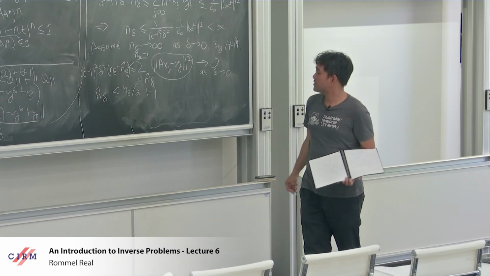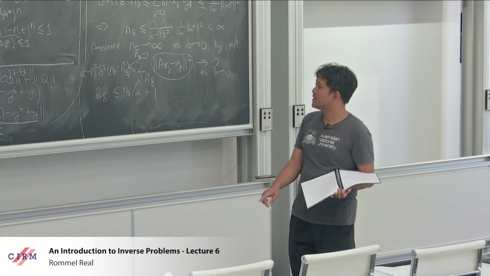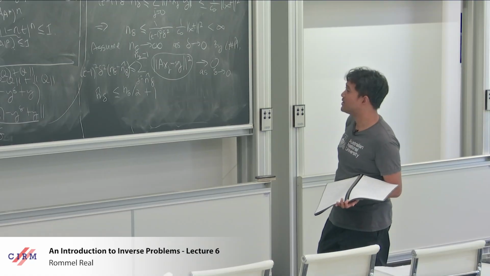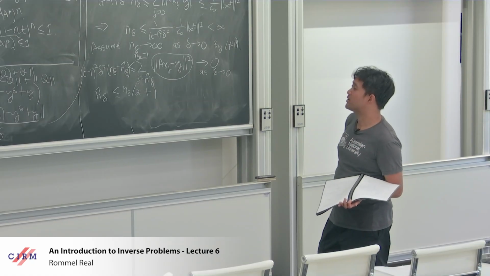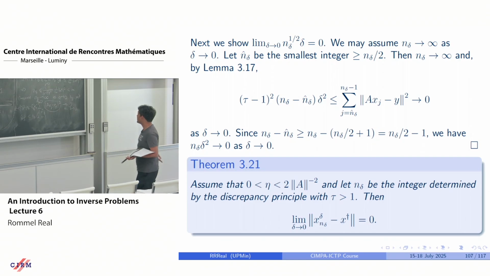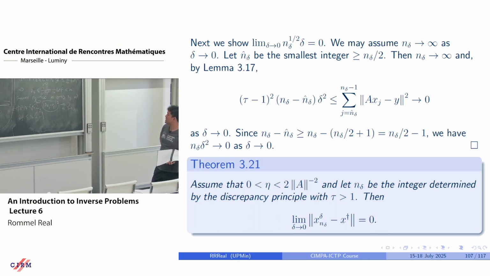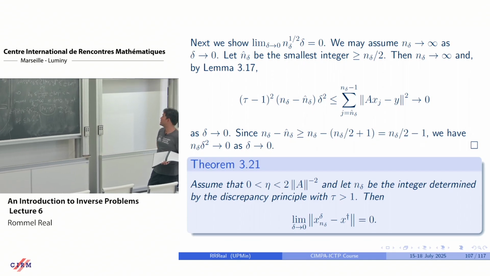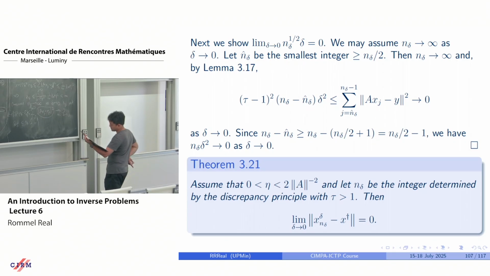That's by definition of n hat delta, because it's the smallest integer greater than or equal to n hat over 2. So therefore, n hat delta is less than or equal to that n sub delta divided by 2 plus an integer. In this case, we just use plus 1.